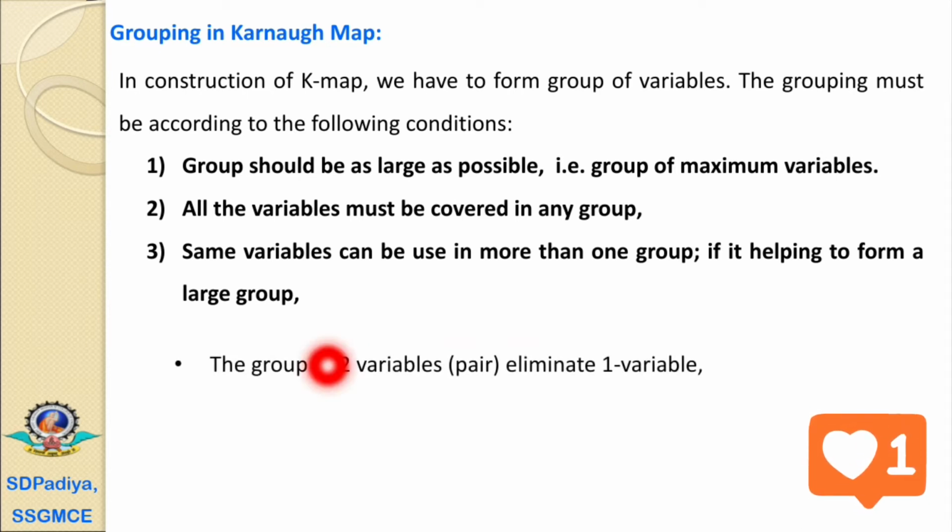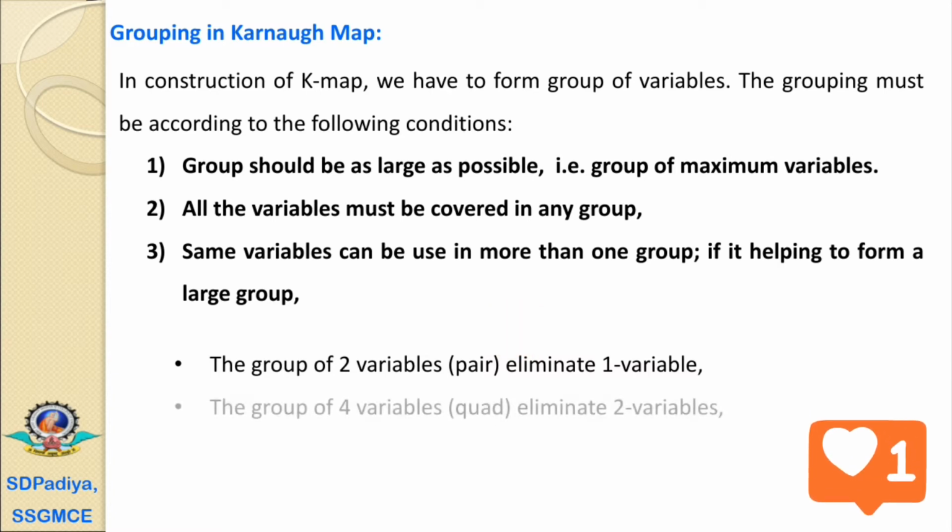We can form a group of 2 variables, that we call a pair, and if we form a group of 2 variables, then it will eliminate one variable out of the available variables. The group of 4 variables, that we call a quad, will eliminate 2 variables.